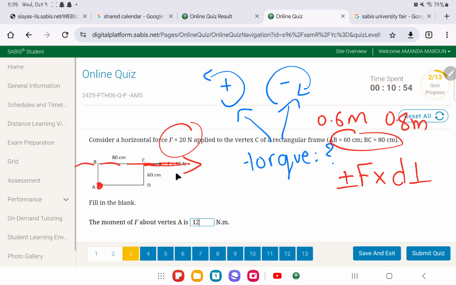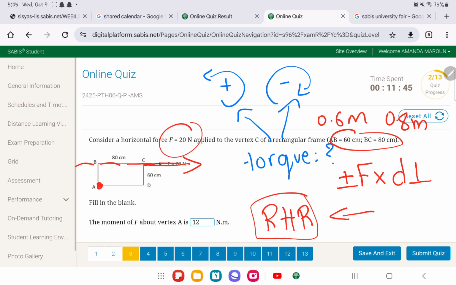I can't demonstrate it physically, but I'm going to say it. You're going to do something called the right hand rule, the RHR. What does that mean? Take your right hand. If you're left-handed, don't worry, you can still do it, but it will be the opposite of what we're doing. But let's follow the right hand rule.